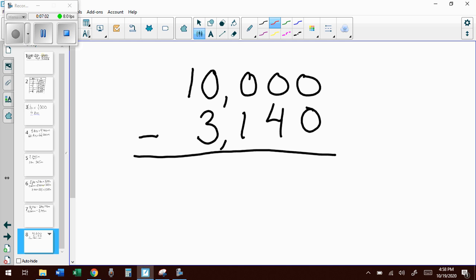That looks really familiar to me. I don't know about you, but that looks like it's now achievable. 0 minus 0 is 0. 0 minus 4, I don't know about you, but I don't think I can do it. If I have 0 apples, I can't give you 4 apples.